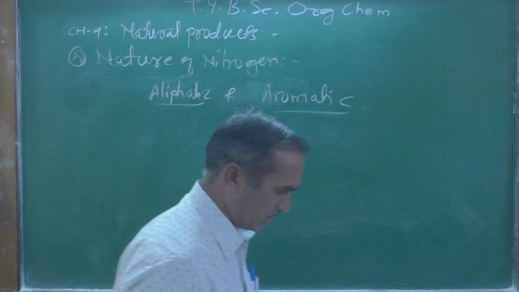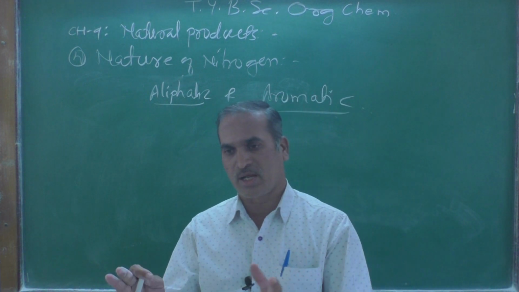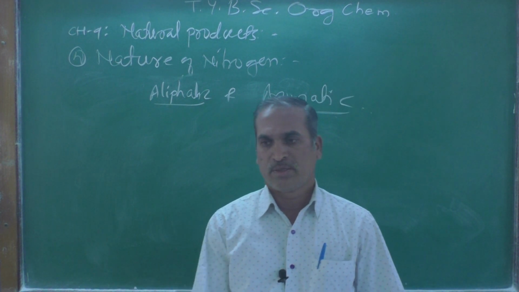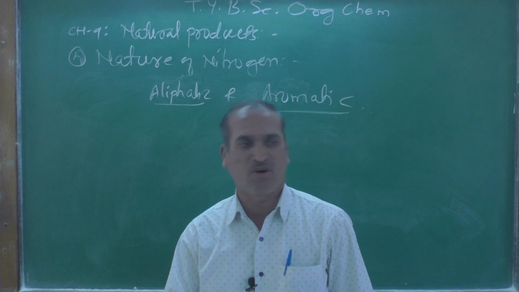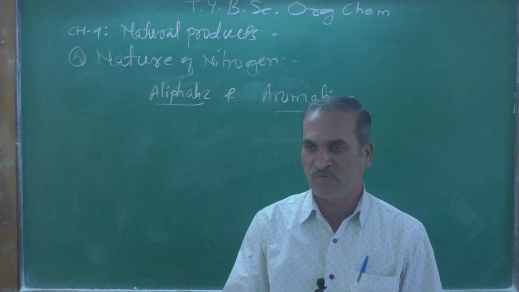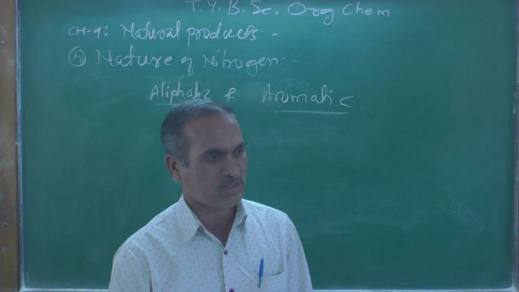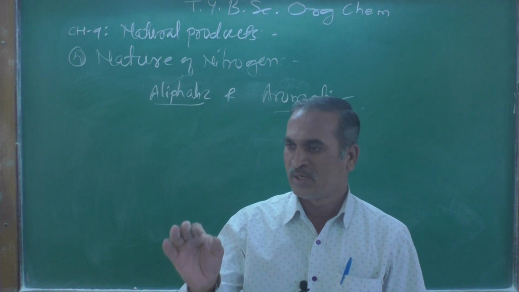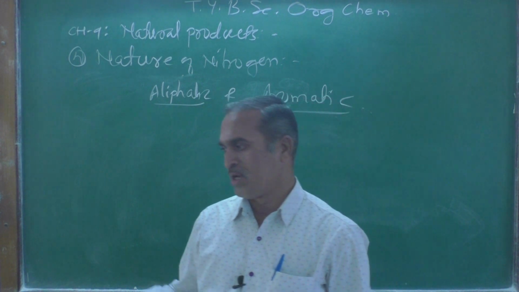In the laboratory, while performing qualitative analysis, one test we perform is to take a pinch of substance on wire gauze and put it on a burner. If a sooty flame comes, it indicates that an aromatic compound is present. If a non-sooty flame, that clearly indicates that the given compound is aliphatic in nature.